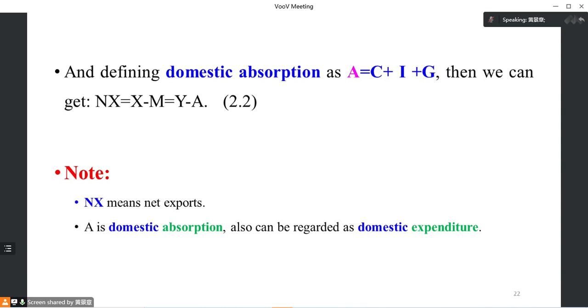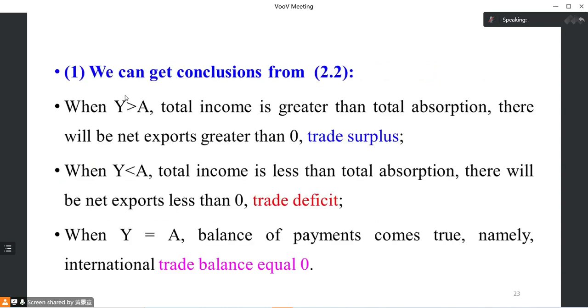According to A equals C plus I plus G, we can get NX equals X minus M equals Y minus A. We can get a conclusion from equation 2.2.